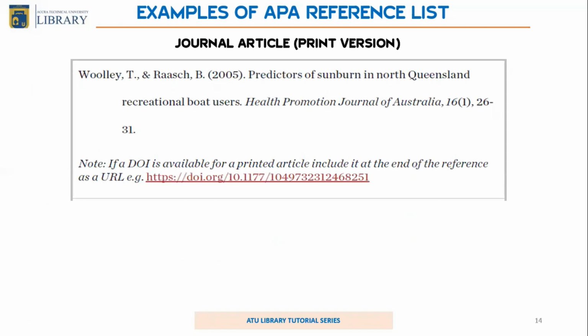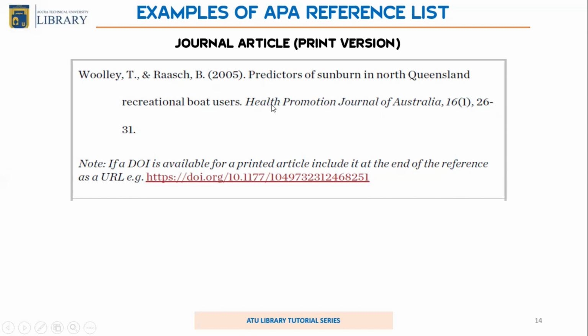Now, if you want to reference a journal article, that is how the format will be like. So we have the title of the article should not be italicized. It is only the journal where it is coming from that is italicized. Now, volume numbers are italicized, but page issue numbers are not.